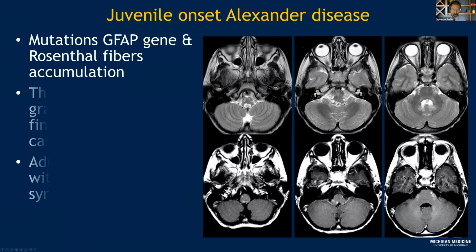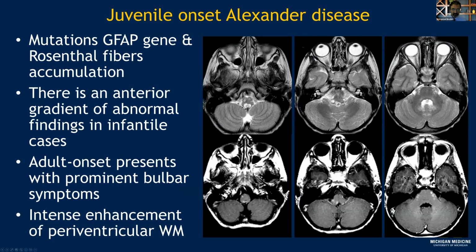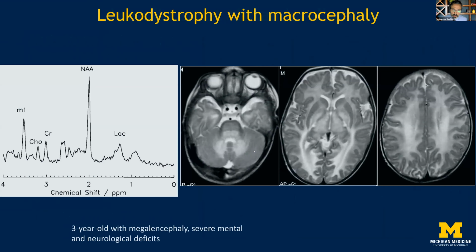All right. So we talked about Alexander disease. Moving to other disorders that have macrocephaly. We benefit from knowing this very simple knowledge because we have a very short list of disorders that can present with macrocephaly. This is a 3-year-old child with megalencephaly, severe mental and neurological deficits.